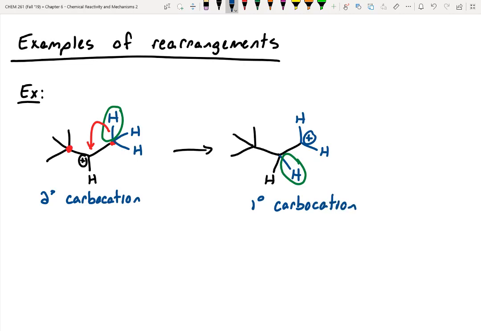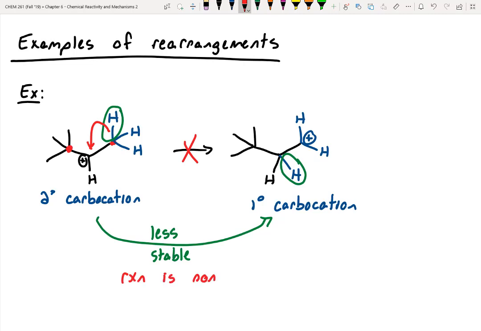Is this very favorable? No. So we're going to less stable. This will not happen. The reaction is non-spontaneous, meaning it'll favor the starting materials, right? This reaction won't proceed in a friendly way.